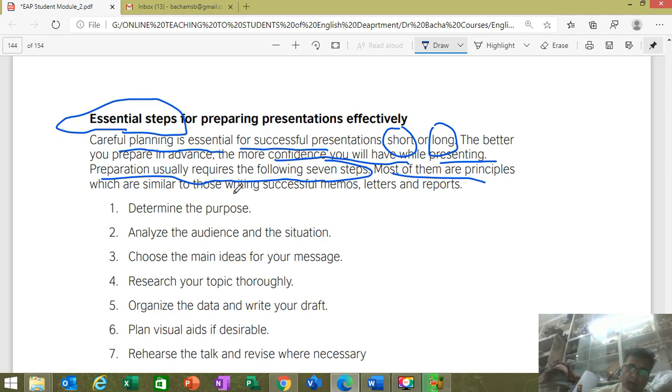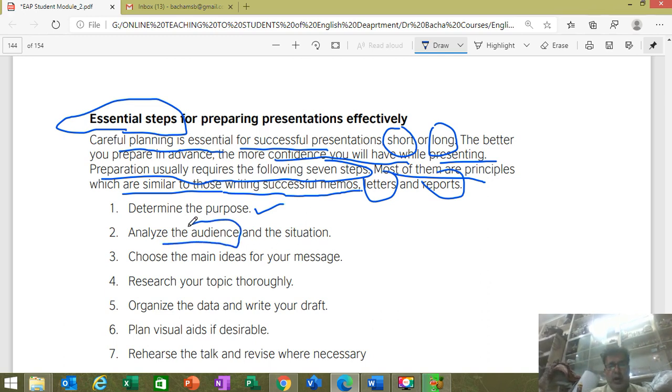Most of them are principles similar to those for writing successful memos, letters, and reports. First, you have to determine the purpose. For what purpose are you giving the presentation? The purpose should be made very clear right from the beginning. Then you have to look and analyze the audience and situation.